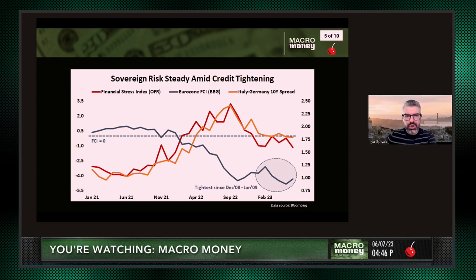If we look at what's going on there, what we see is you have these economies in the Eurozone that are sort of models of fiscal rectitude. Germany is not only the largest economy in the region, but also the most fiscally, well, let's call it sound or fiscally conservative.